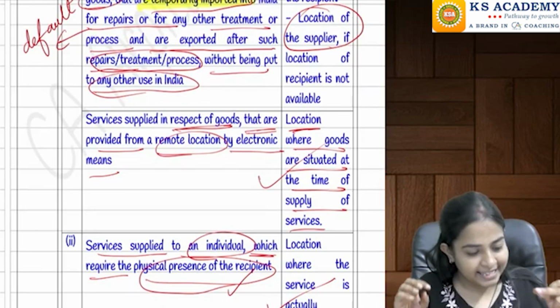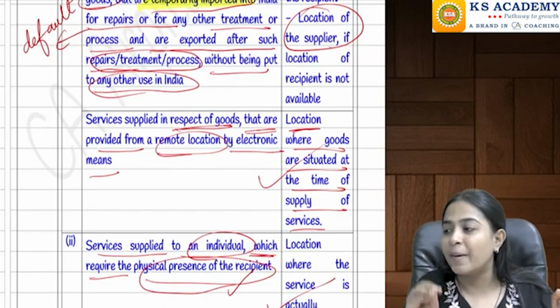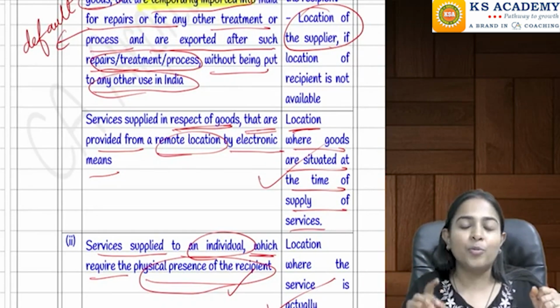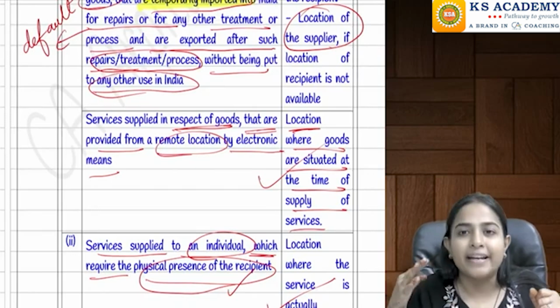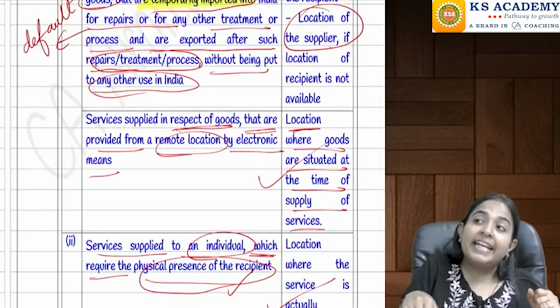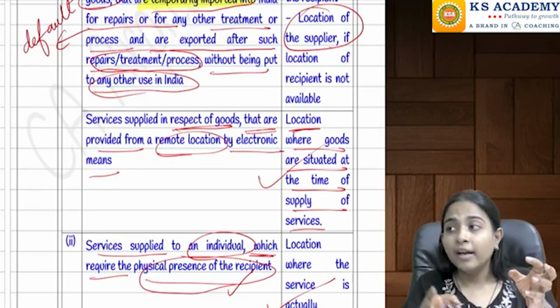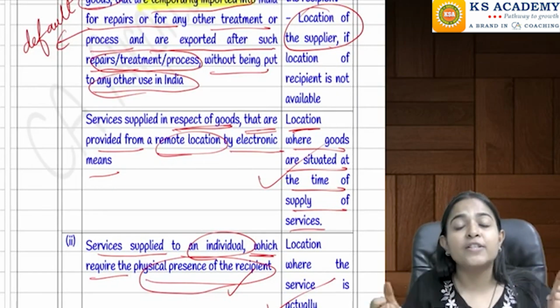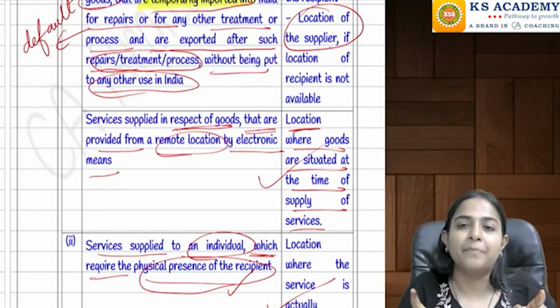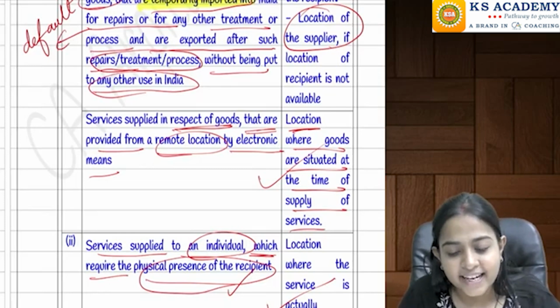Are you clear with this? Example, if service have been provided in Dubai and India, place of supply will be India. If the service have been provided in Dubai, Mumbai and Ahmedabad, place of supply will be Mumbai and Ahmedabad. Are you able to understand this?